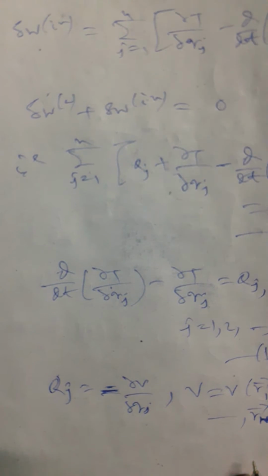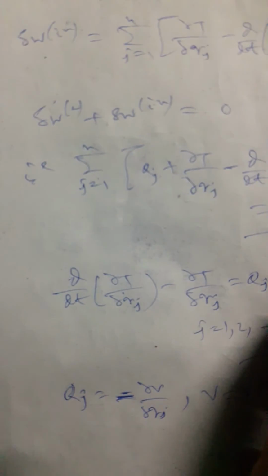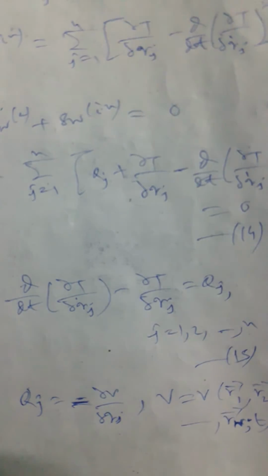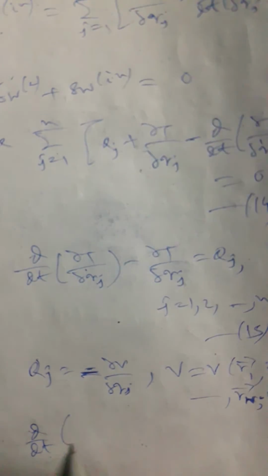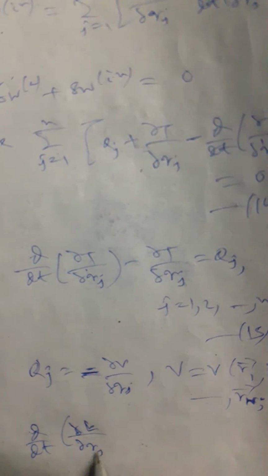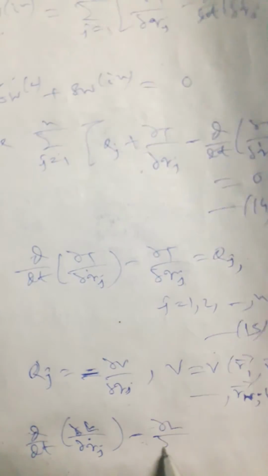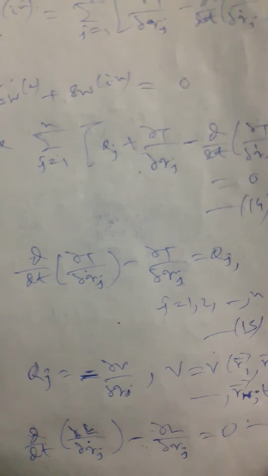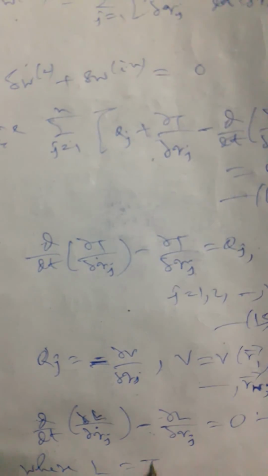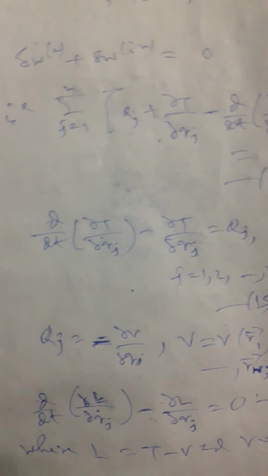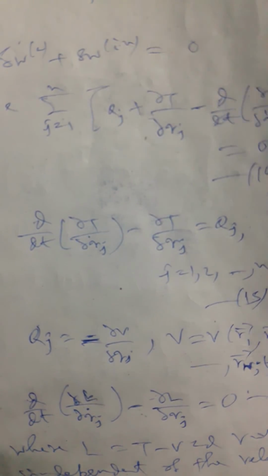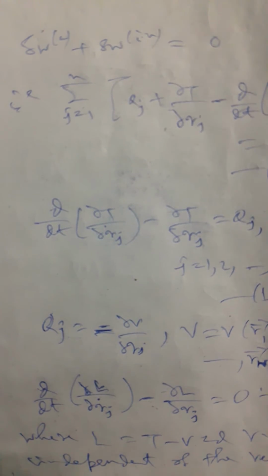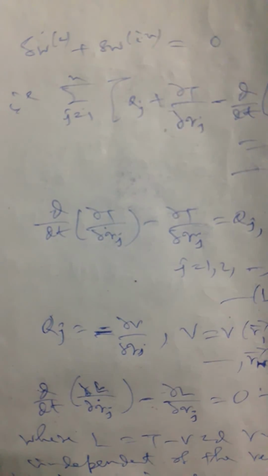And then this equation, that is equation number 14, can be expressed in the conservative form, that is d/dt of ∂L/∂q̇j minus ∂L/∂qj equals 0, taking it equation number 16, where L is equal to T minus V and V is independent of the velocities q̇1, q̇2 up to q̇n, and L is called Lagrangian.